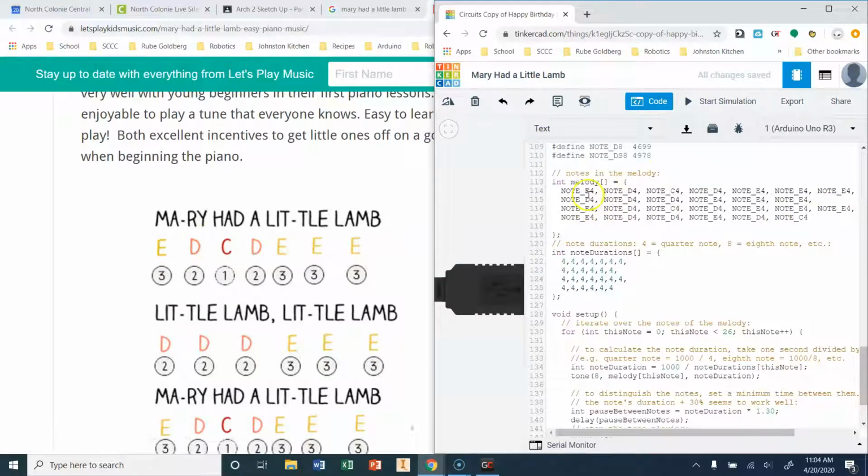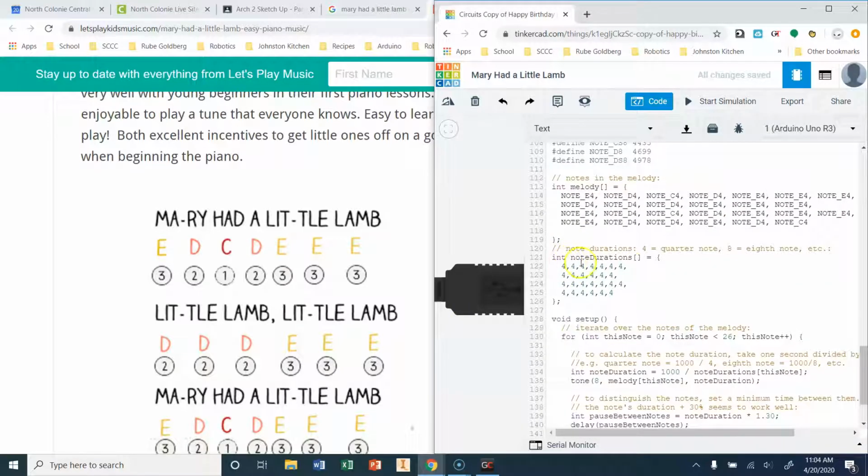You can see this is an E4, D4, C4, D4, going along with this. I have them all in the fourth octave for right now, and I can edit that later on. I've also set up every note in here as a quarter note. Headphone users beware, it's potentially going to get loud here, so you might want to turn it down a little bit, but let's start the simulation.